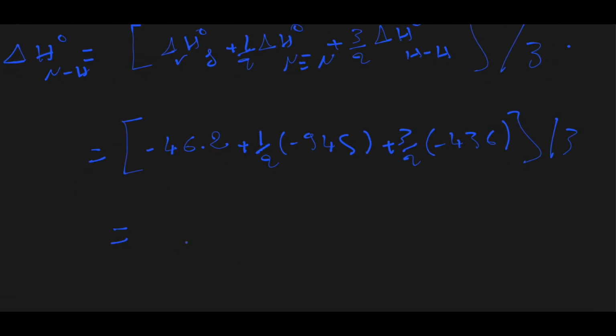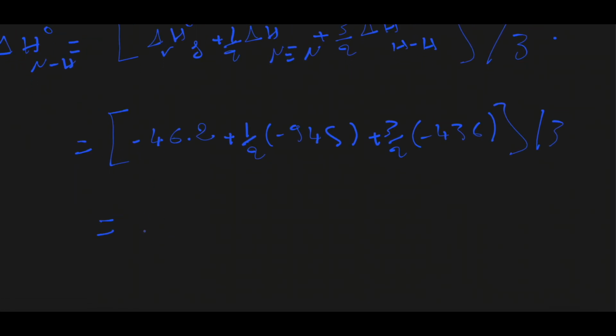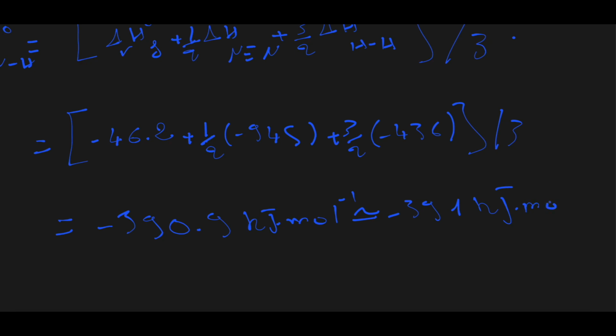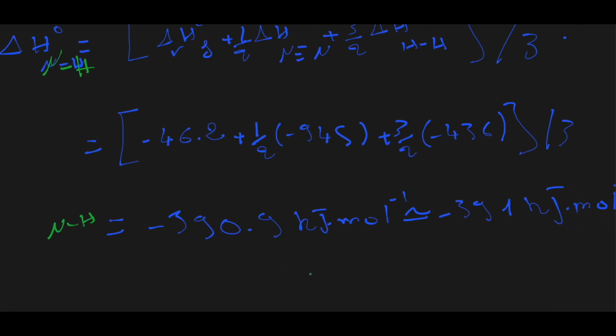And at the end, we get a value for this bond energy of -390.9 kilojoules per mole, which is approximately -391 kilojoules per mole. So here is the bond energy of NH in the NH3 molecule.